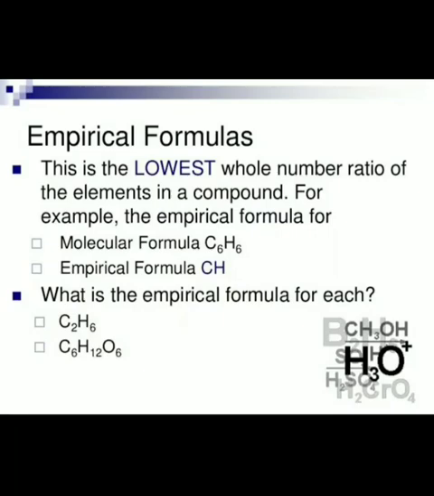That means CH3. Then next one, C6H12O6. What is the empirical formula of C6H12O6? That is 6 ones, 6 twos and 6 ones. That means CH2O. The empirical formula of C6H12O6 equals CH2O.